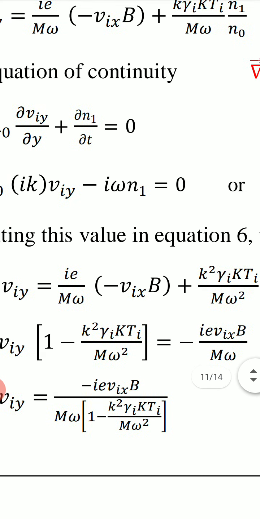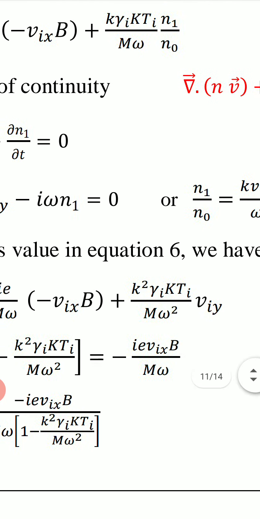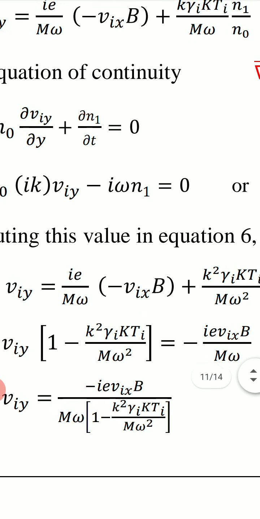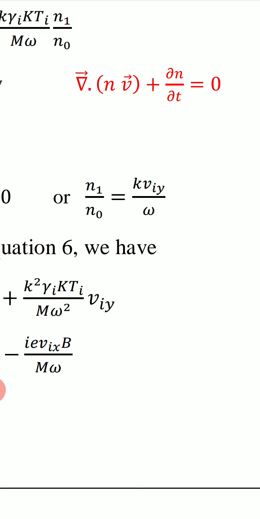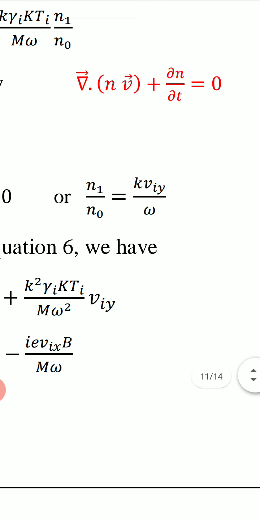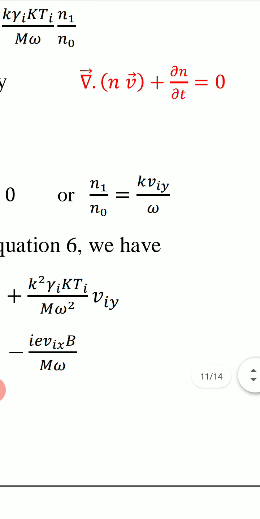For ion velocity, VIY is for V1, the perturbation in velocity. And for del, we write delta upon delta y. And in the second term, we take N1, assuming that the changes in N0 and V0 are negligible.